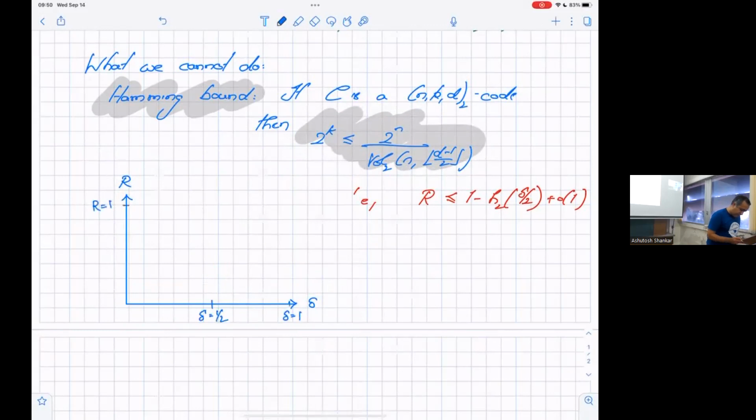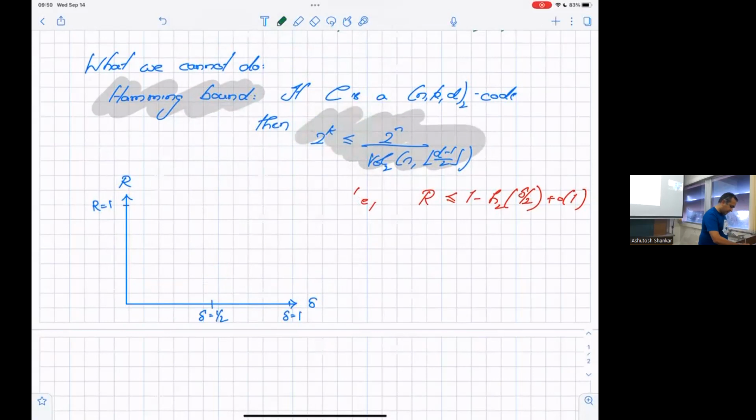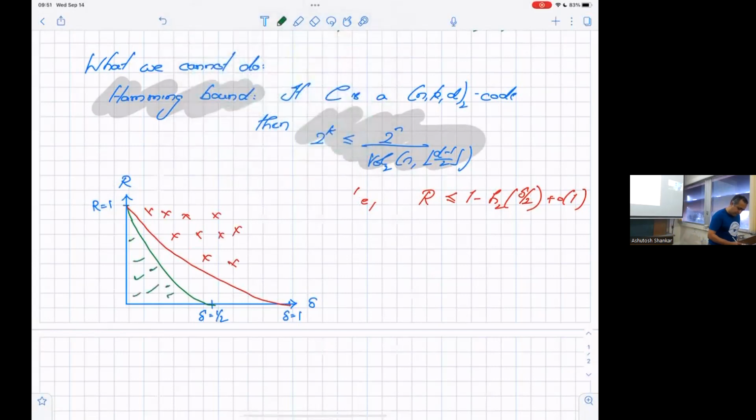So the Gilbert-Varshamov bound is something like that. The Hamming bound is something like that. It's not a straight line, it's a convex curve. And everything over here is not allowed, and everything over here is allowed.